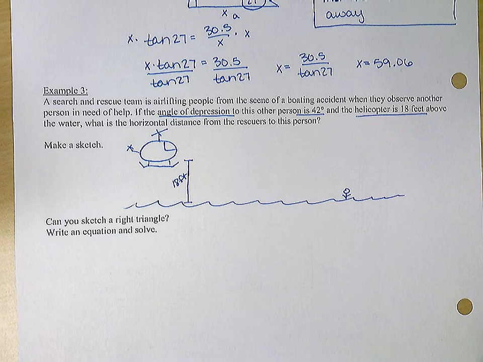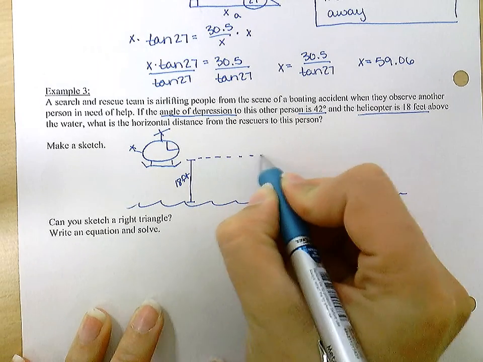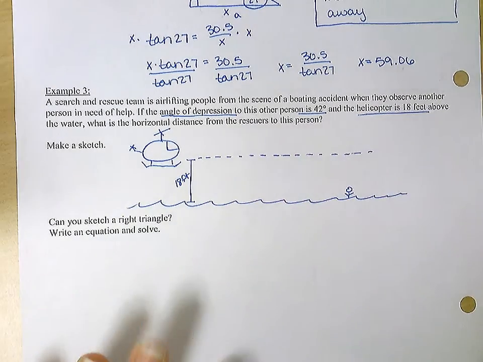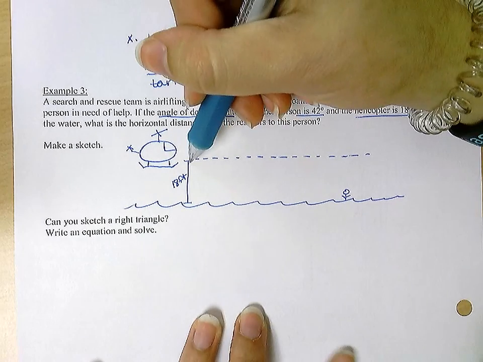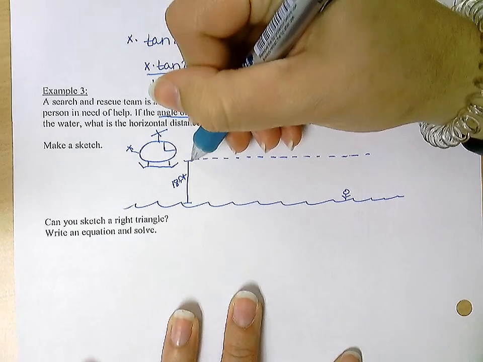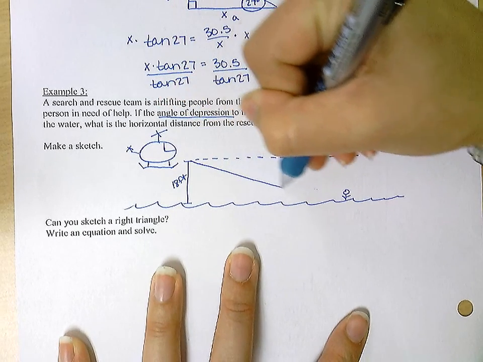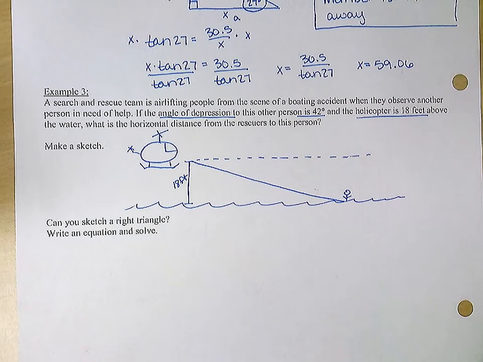Now, since the helicopter is the one looking at the person, the helicopter is where you need to draw in that horizontal. Okay, so I'm going to go from here. We have our horizontal. The helicopter is looking down at our person. So this is where it gets tricky. You have to decide which of these angles is your angle of depression.